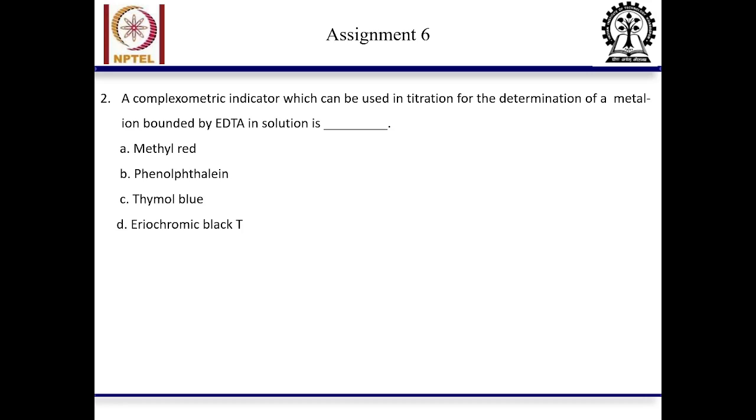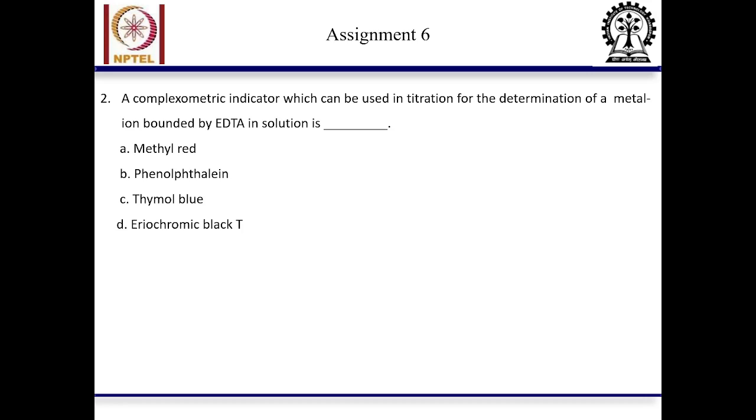Okay, Shweta is saying the answer. Does anyone else have any other answer for this question? Okay, so no one has any other opinion.